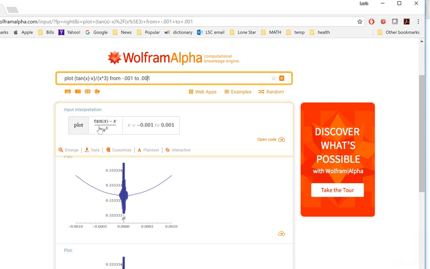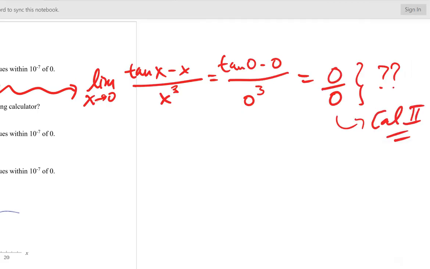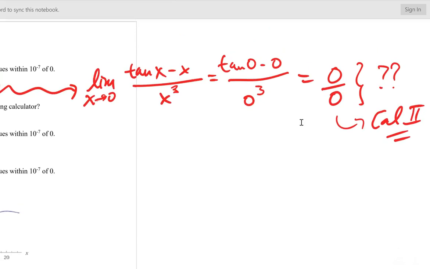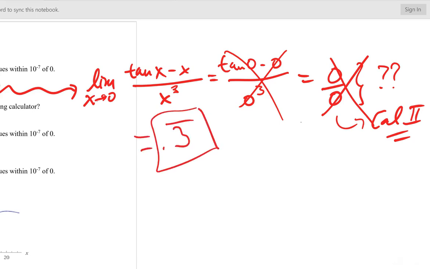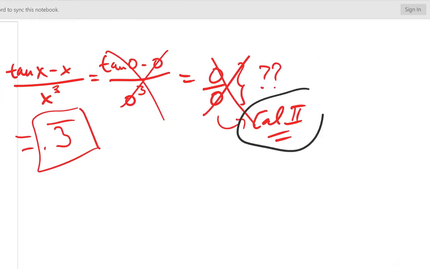The computer can't handle this very well. So then you end up with gibberish here. But the answer is actually 0.3 repeating. Okay, so you have to be careful with this. And there's ways to do this, like I said, in Cal 2. That's going to help us out with this kind of problem.